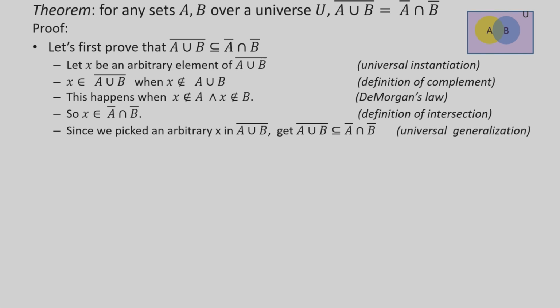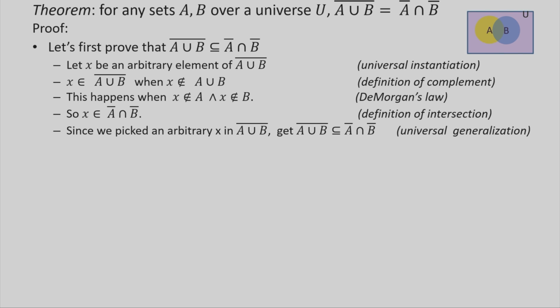It means that it's not in A, and also it means that it's not in B. And this is by De Morgan's law, because originally we say it's not in A or B. That means it's not in A and not in B.